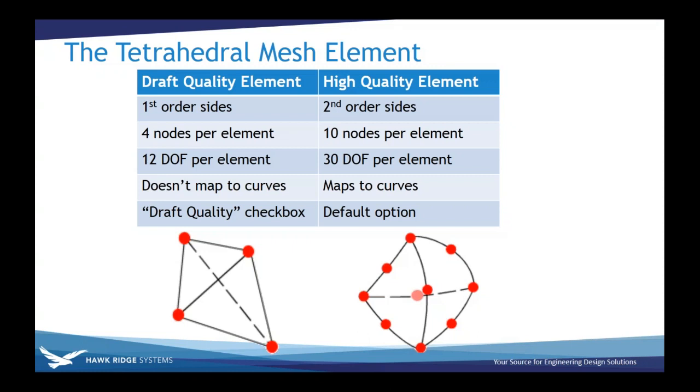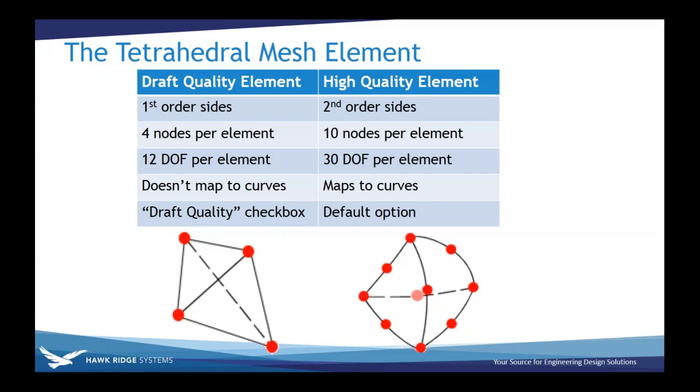There is another version of this element. In the software, it's labeled as a draft quality element. You'll see a checkbox in the meshing window, and I'll point it out when we get there. This is a first order version of that element. It has straight sides, so it won't map to curved geometry. There's 4 nodes, only at the corners, and it only has 12 degrees of freedom per element.